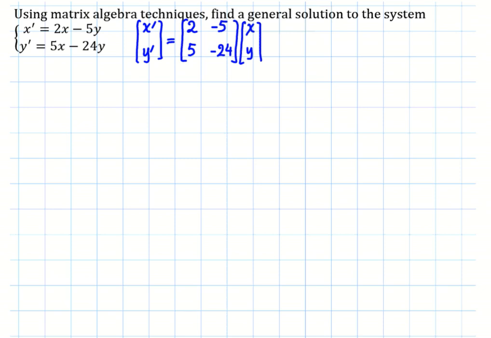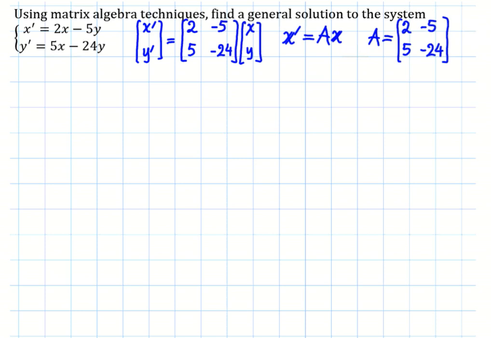And we can write that in matrix form as x prime equals A x, where the matrix A is equal to 2, -5, 5, and -24. We're going to find the eigenvalues and the eigenvectors for matrix A, and from that we will write the solution.